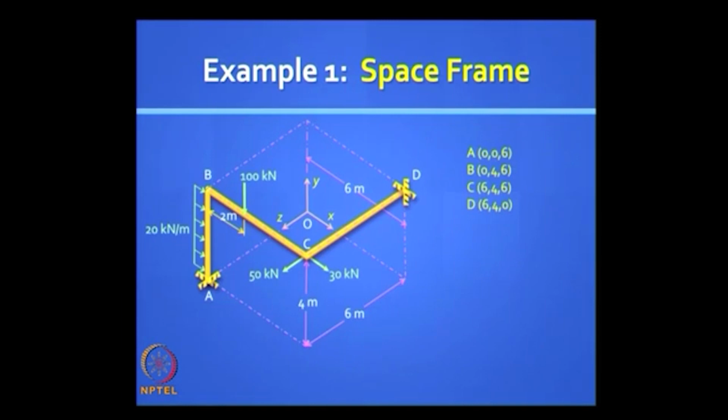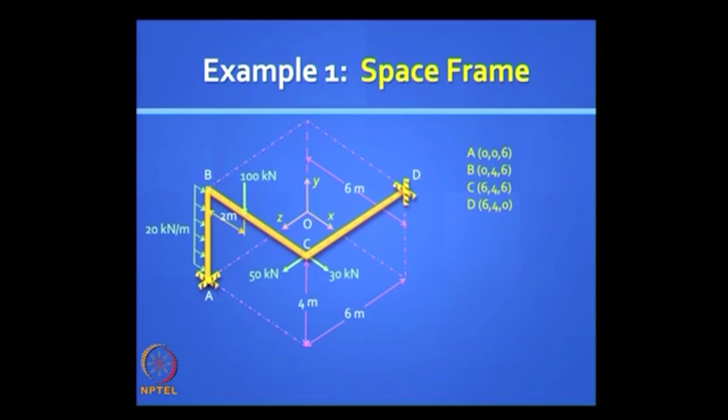So I have put all kinds of loading. I didn't throw in temperature loads and support settlement, but that's easy to do, you know what to do. So you've got 3 elements oriented in 3 completely different directions and there are distributed loads on the first one, and on the second one you have an intermediate load, and you have nodal loads at C. So you can be pretty sure that all your elements will be subject to all things possible.